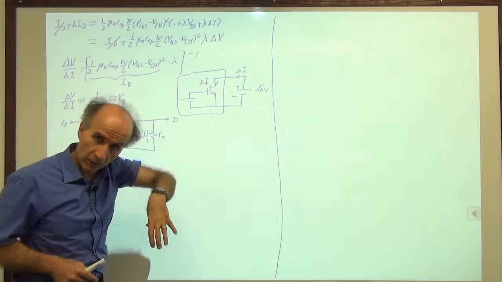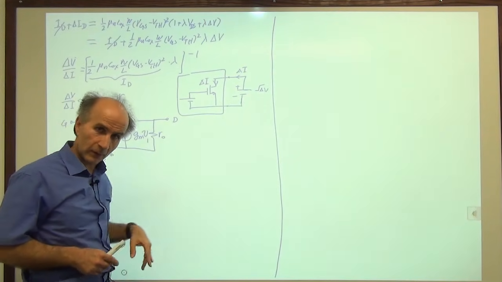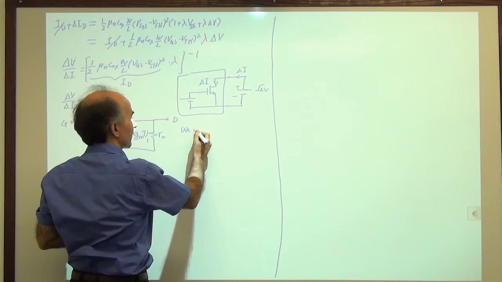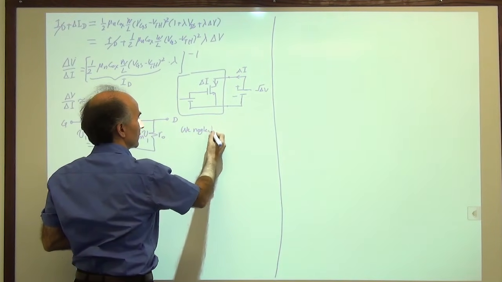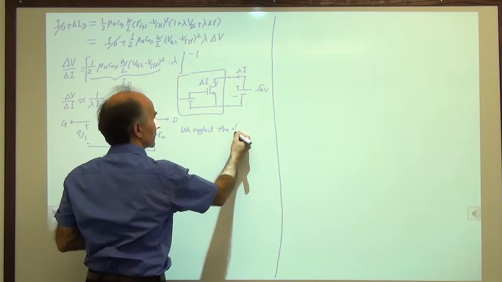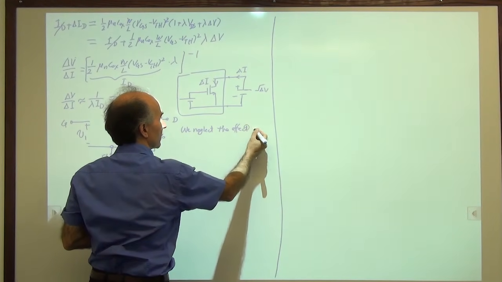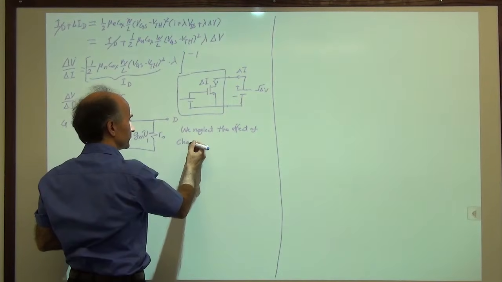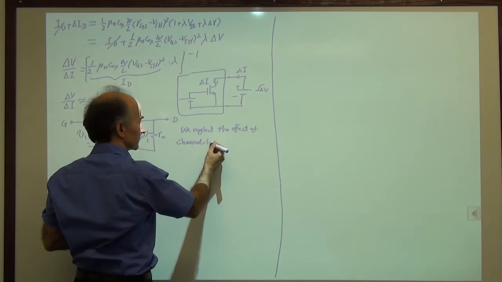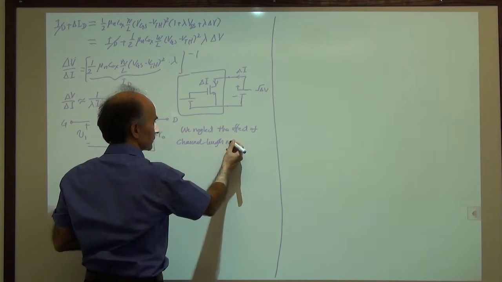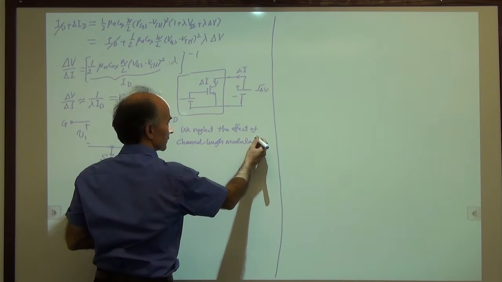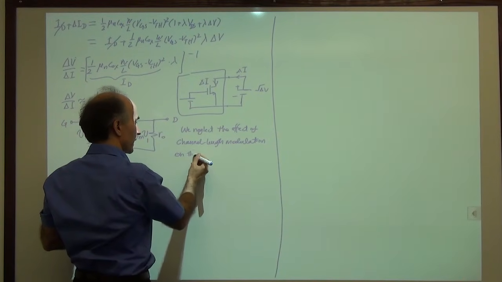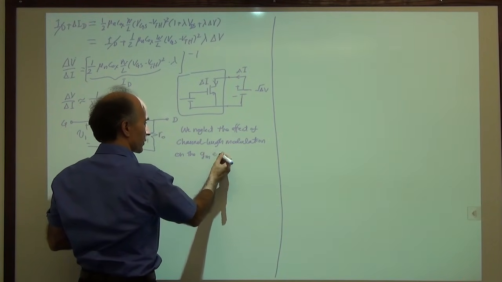But what we'll do in this course, not in graduate courses, is neglect that. So we say we neglect the effect of channel length modulation on the gm expressions.